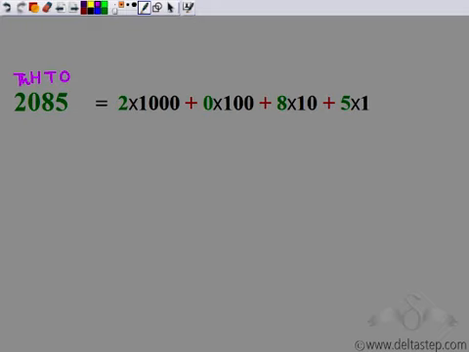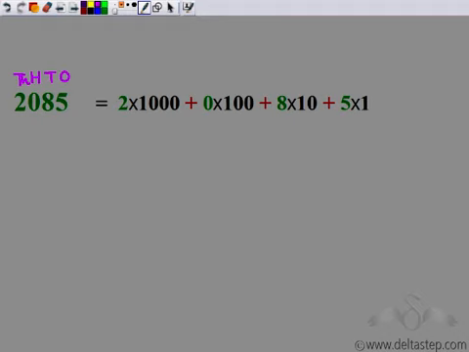When we expand it, the expansion is nothing but the sum of each digit with its column multiplier. So 2 times 1000 plus 0 times 100 plus 8 times 10 plus 5 times 1. So the digit with its column multiplier.